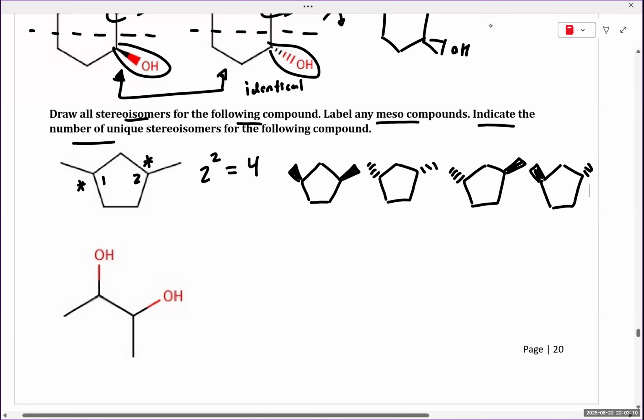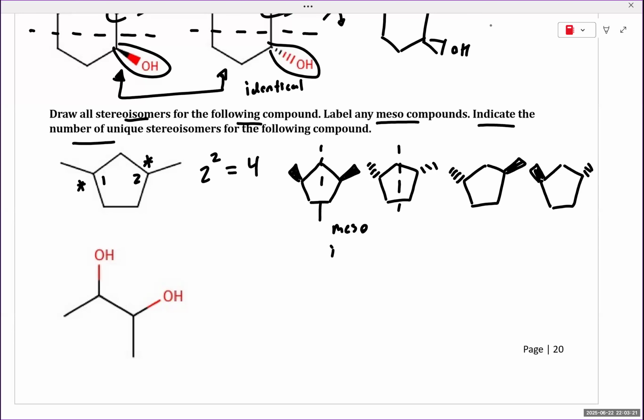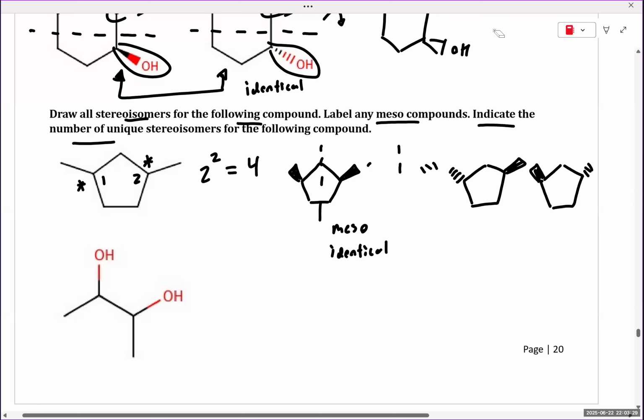Okay, so we've drawn out the 4 stereoisomers. However, this set of compounds are meso compounds, and these are identical. So I'm going to erase one of these depictions because they are not unique stereoisomers. They are the same compound, just drawn 2 different ways.